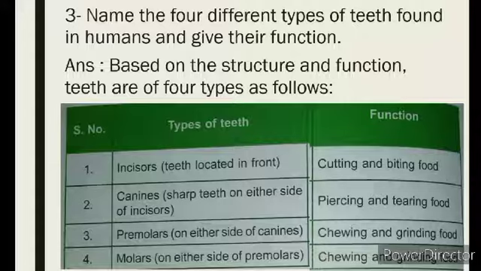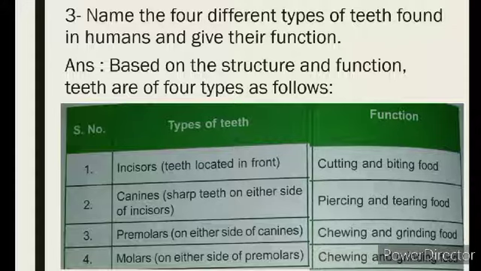Based on the structure and functions, teeth are of 4 types: incisors, canines, premolars, and molars. There are 16 teeth in each jaw, with a total of 32 teeth in the mouth cavity. However, in young people, there are a total of 8 molars in all. The second set of 4 molars develops at the age of 18 or more. These are called the wisdom teeth.